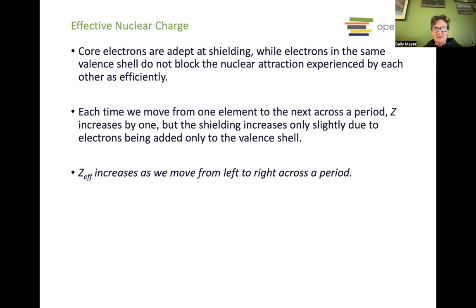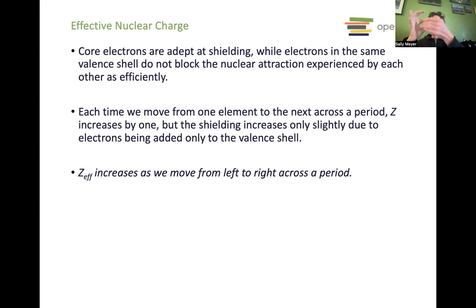So core electrons are adept at shielding, while electrons in the same valence shell don't block the nuclear charge experienced by each other as effectively. So if you think about it, if you have electrons in a shell and you try to put an electron out here, the electron out here is shielded from that positive charge by all of those electrons that stand in its way.